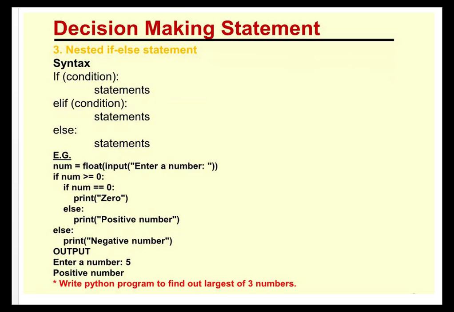See its syntax. The syntax of nested if else is: you can see, if then the condition, and after the colon you write the statements which you want. If you have another condition, then again you can put else if. Else if means another condition you can put there.